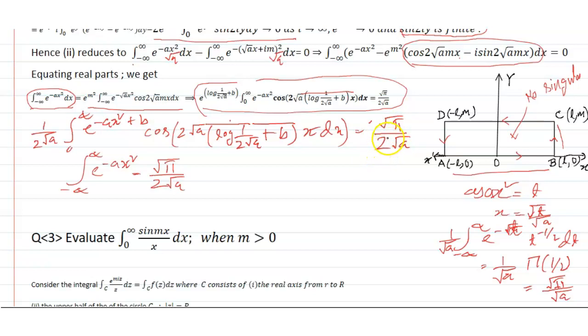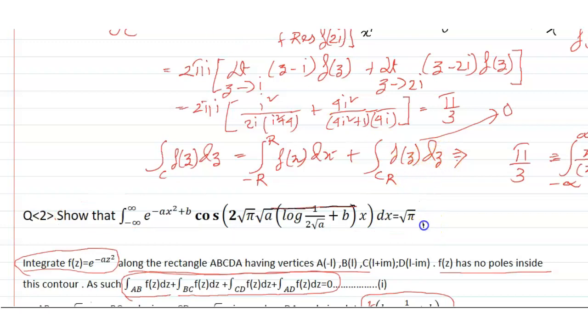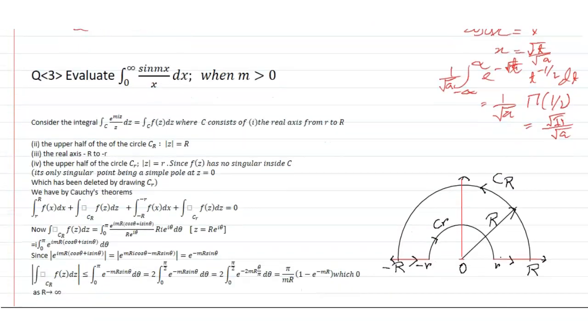So this 2 root a is cancelled, and I get this proof easily. So friends, I hope this concept is clear.